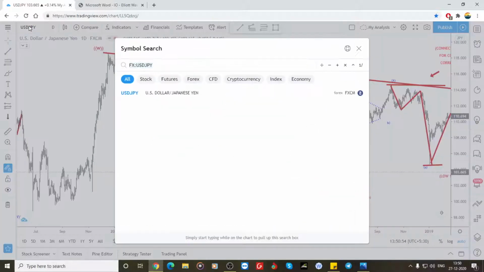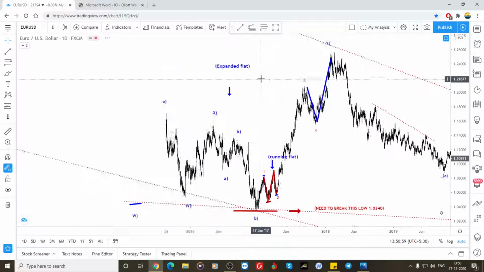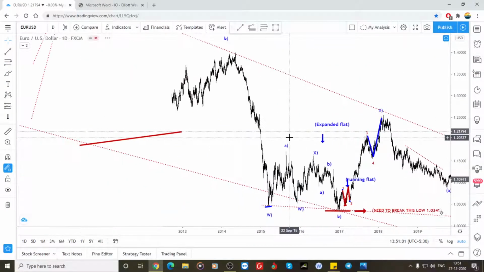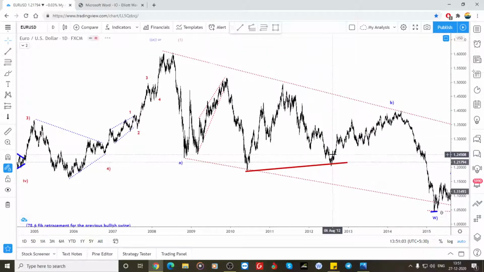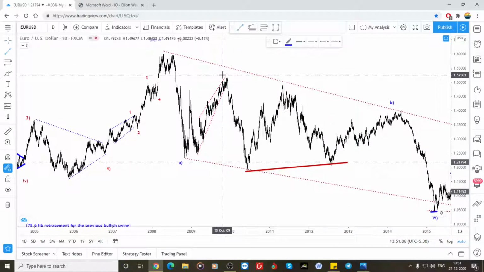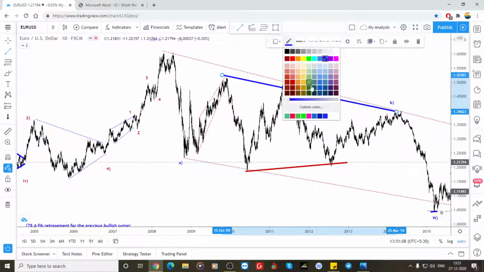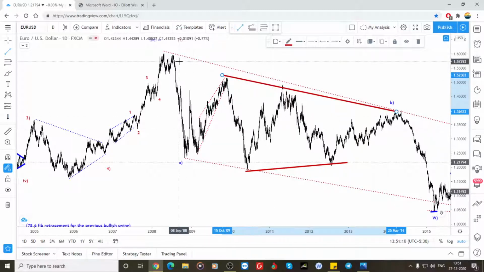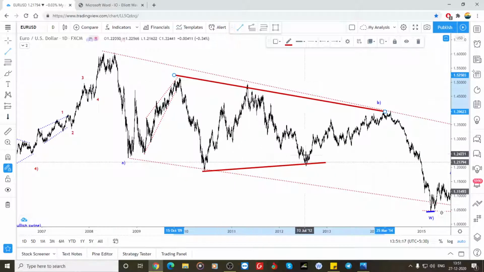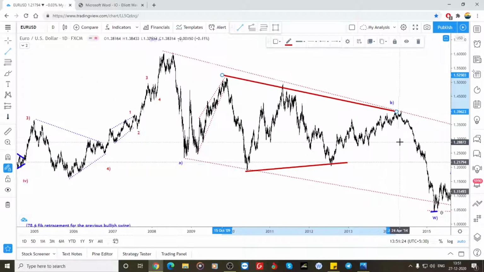And we will move on to EUR USD also. Here it's a bigger triangle. So here is A, B, C, and here B, C, D and E. This is the A, this is the B, and C fell below the A wave.